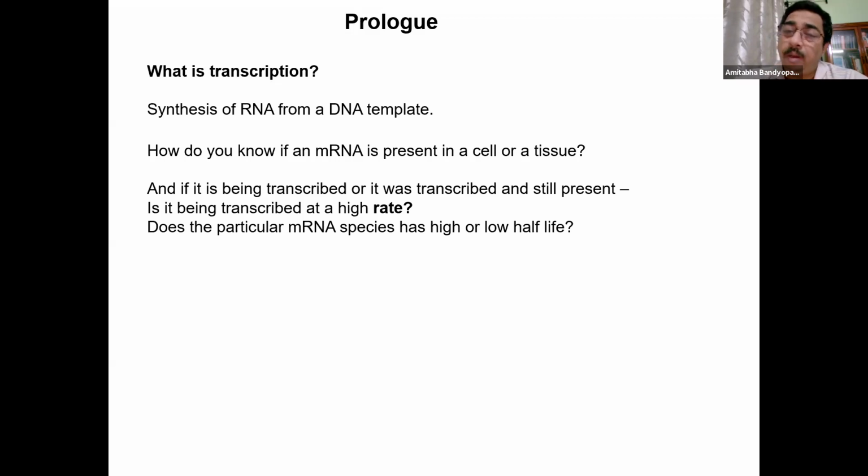When there is no ligand, the rate of transcription is very low, imperceptible, not detectable. When there is a ligand, the rate of transcription is very high. So that's how it is. The other issue that often you will encounter is what is the half-life of the RNA? Is it too short? Is it long? Or is it moderate? That also is part of the regulatory processes.